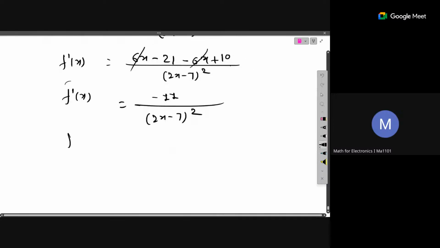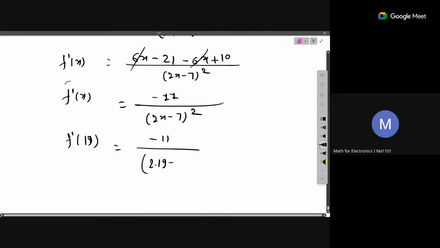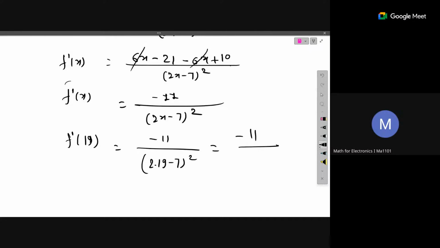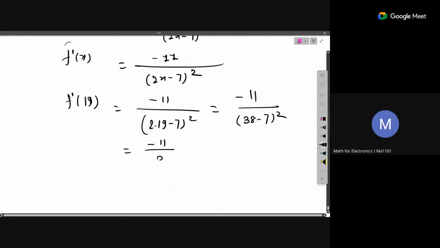Now we want to calculate f dash at 19. So f dash at 19 is equal to minus 31 upon (2 into 19 minus 7) the whole square, which is minus 31 upon (38 minus 7) the whole square. So it becomes minus 31 upon 31 the whole square.